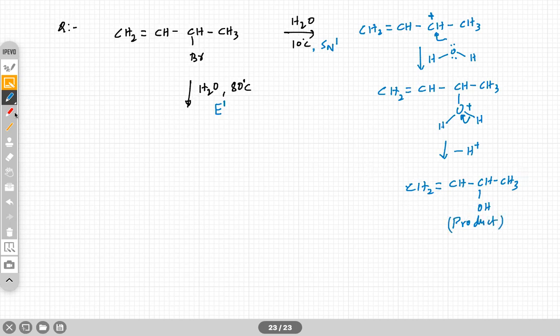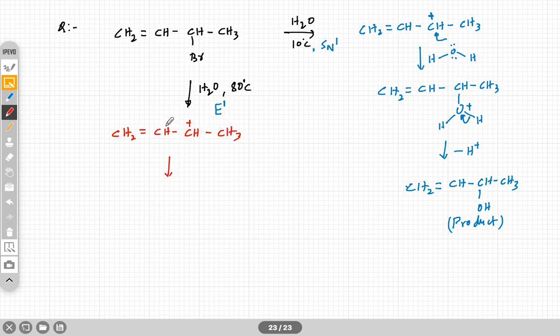But if the temperature is 80 degrees Celsius, it is E1. So again, we get a carbocation here in the first step. So CH2 double bond CH single bond CH positive charge, and CH3. Okay. Now in the next step, from the adjacent carbon, H plus comes out.